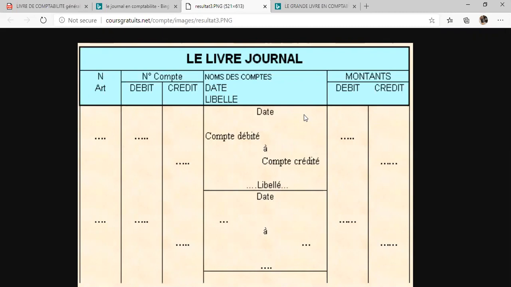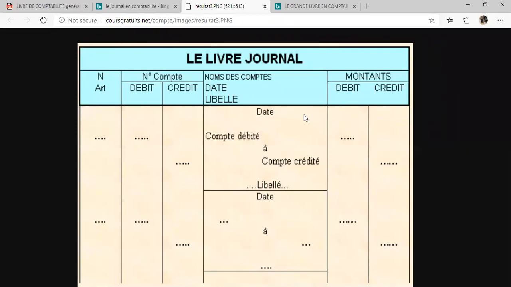And lastly, the last part of the definition is de façon chronologique. So chronological order. It starts from the dates which correspond to a transaction. Let's say bought goods on the 1st, sold goods on the 3rd.